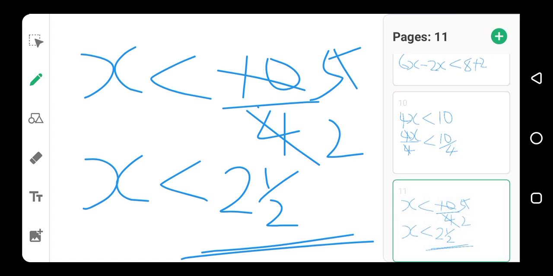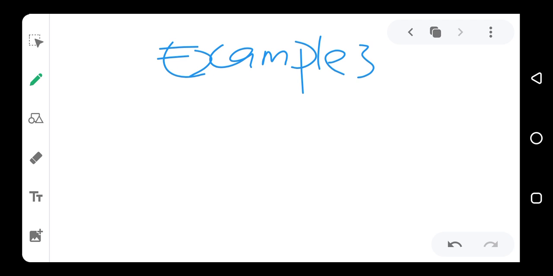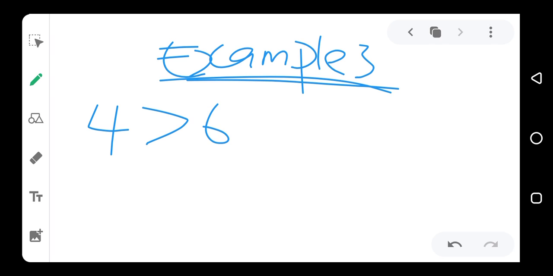Example 3. Now here we have 4 is greater than 6 plus 3y.